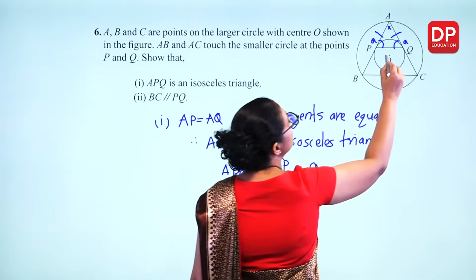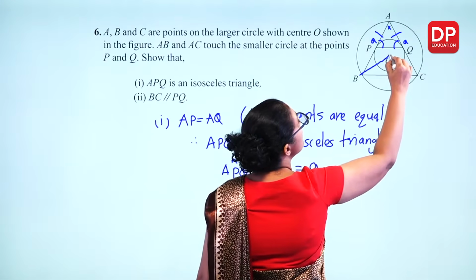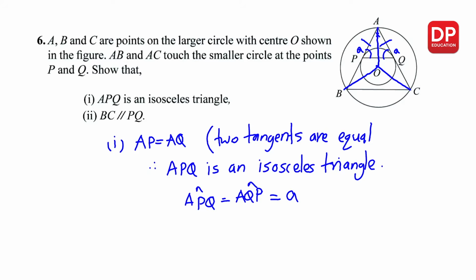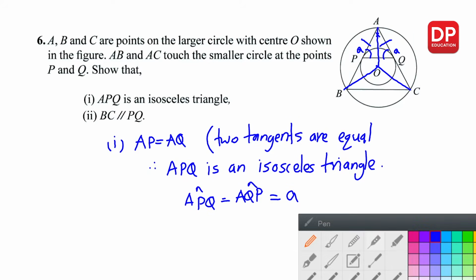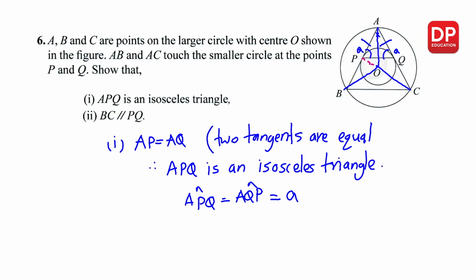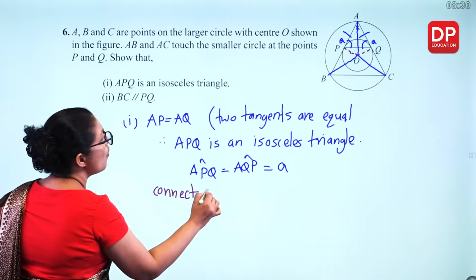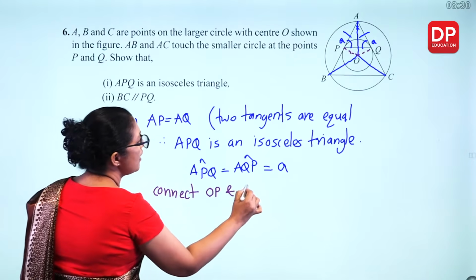Now we know the OA, OB, OC all are radii. I want to do a construction. Just connect OP and OQ.